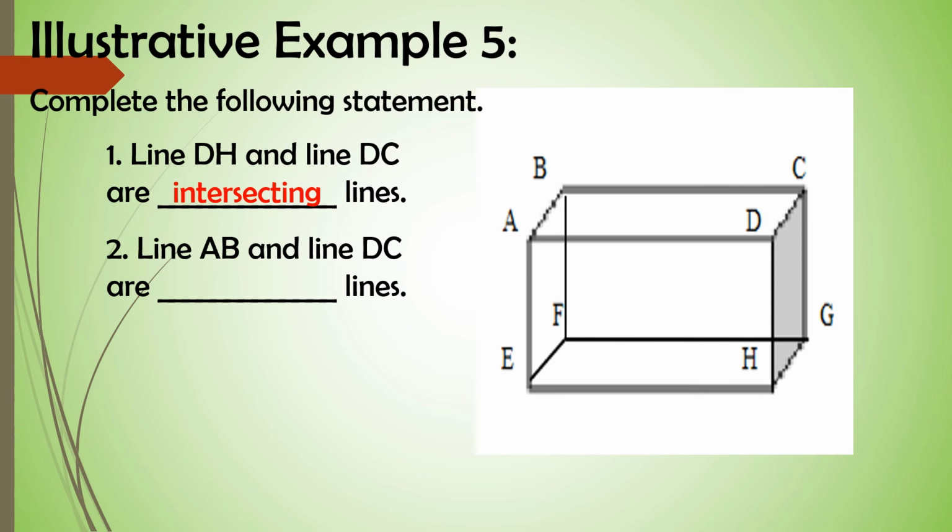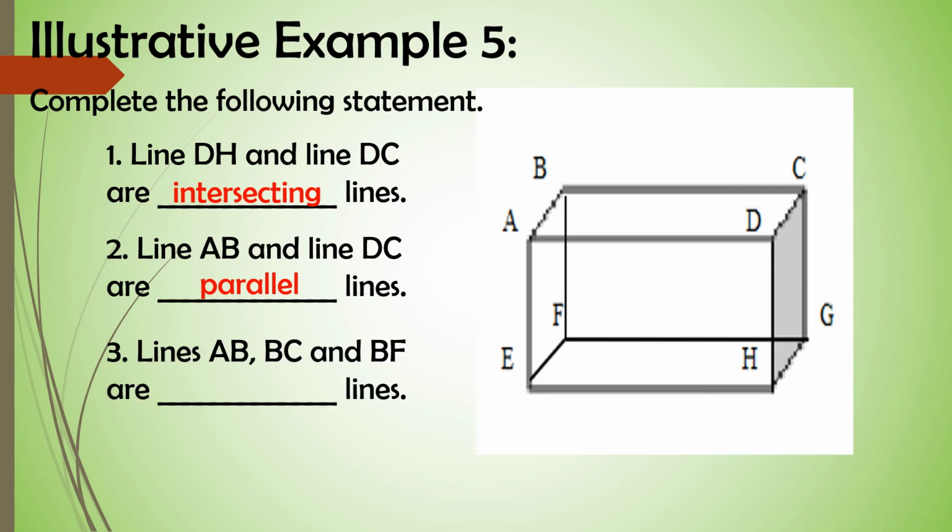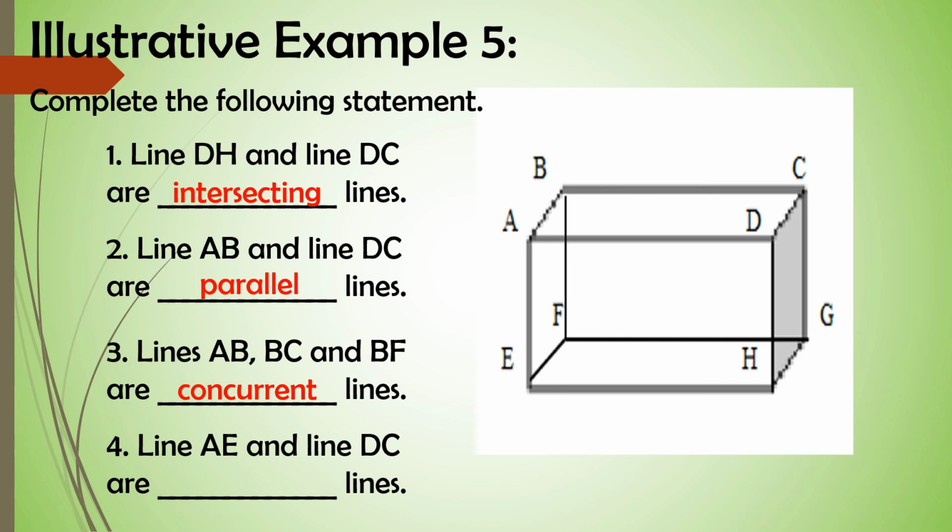The correct answer is parallel lines. Number 3, lines AB, BC, and BF are blank lines. The correct answer for this is they are concurrent lines. And the last number is line AE and line DC are blank lines. The correct answer for number 4 is they are skew lines.